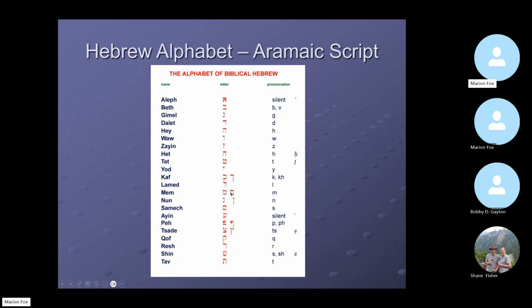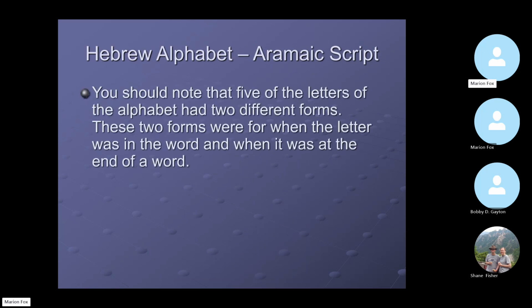So keep that in mind. They don't sound different. They're the same letter. So that's kind of important, and that's one way that we know some things. So we'll see some other problems with it. We should note that 5 of the letters have different forms, one when the letter is in the word and one at the end of the word.